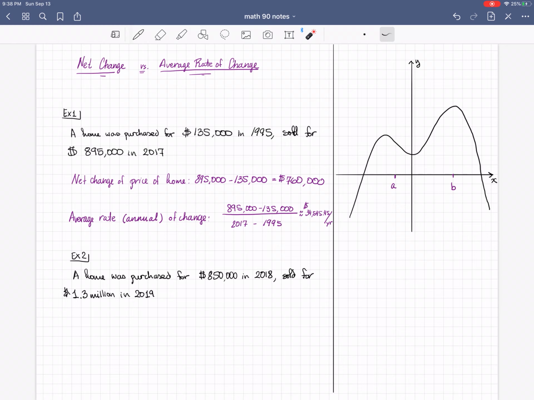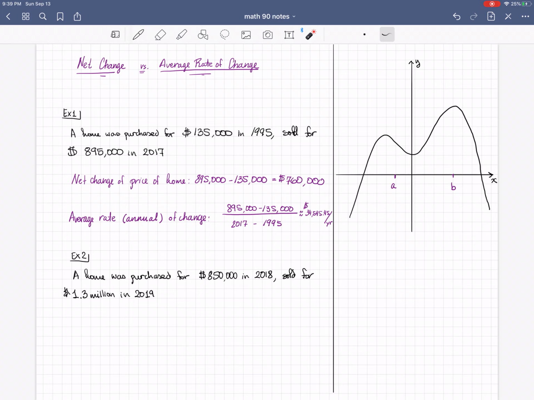But as anybody who does investments will tell you, all of those are paper losses and paper gains. The only time you actually see gains is the moment that you sell. And on average, if you average out any fluctuations over those 22 years, this home earned about $34,500 a year.